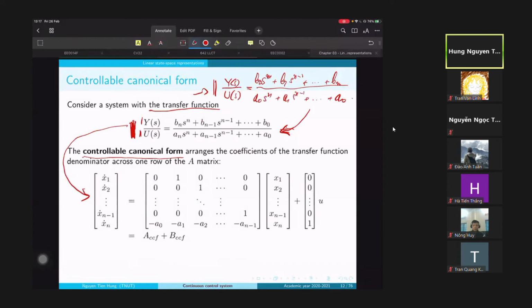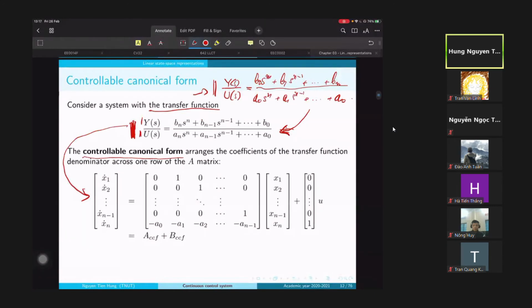We convert or transform the transfer function into the controllable canonical form, or you can represent this system by a state space equation, and this is the form we get.